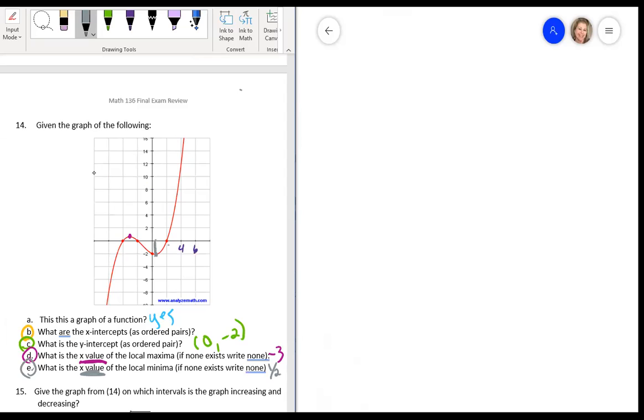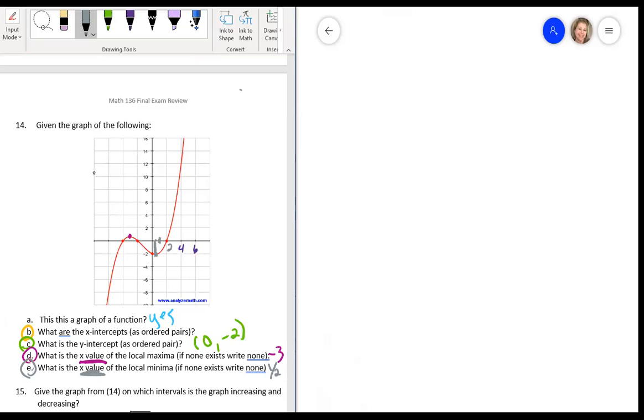Because this is 2, so halfway would be 1, and then it looks like it's halfway in between there, so I'm going with 1/2. That's why I put little approximation symbols, squiggly equal signs.